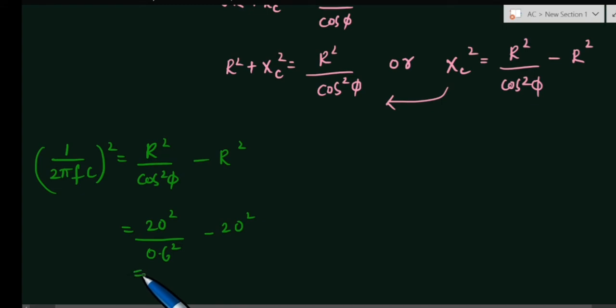If you do this, it comes out to be 711.1. This is the value of 1 divided by (2 pi FC) square, or just XC square. From this we can calculate the value of C square.